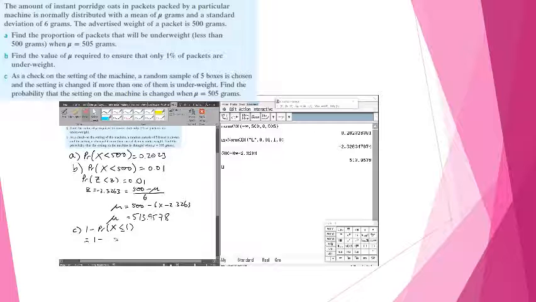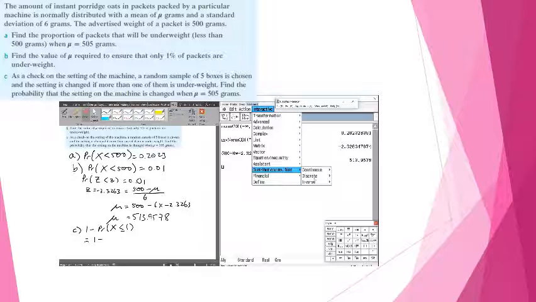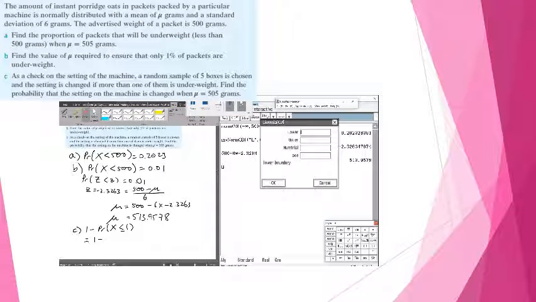So interactive, and this is discrete because it's binomial. We'll need to think about what numbers we're putting in. We want 0 to 1 because we either have no boxes or 1 box. So the lower limit is 0, upper limit is 1, number of trials is 5, and then the probability of success we worked out earlier in part A, because it's 505 for the mean, so that's 0.2023.